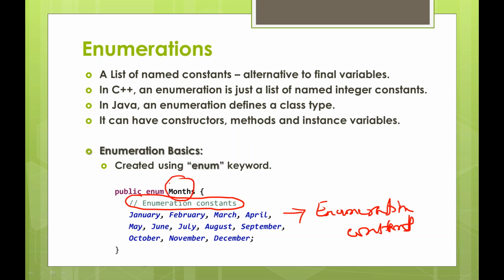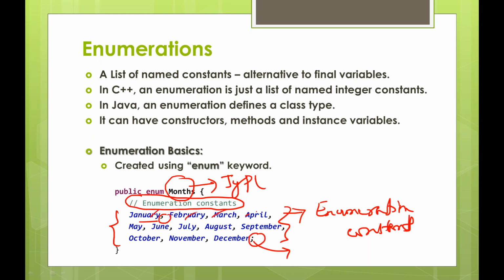So months, I defined an enumeration data type. This is our type, and these are all our enumeration constants. Note that each constant is separated by a comma, and finally we end it with a semicolon.